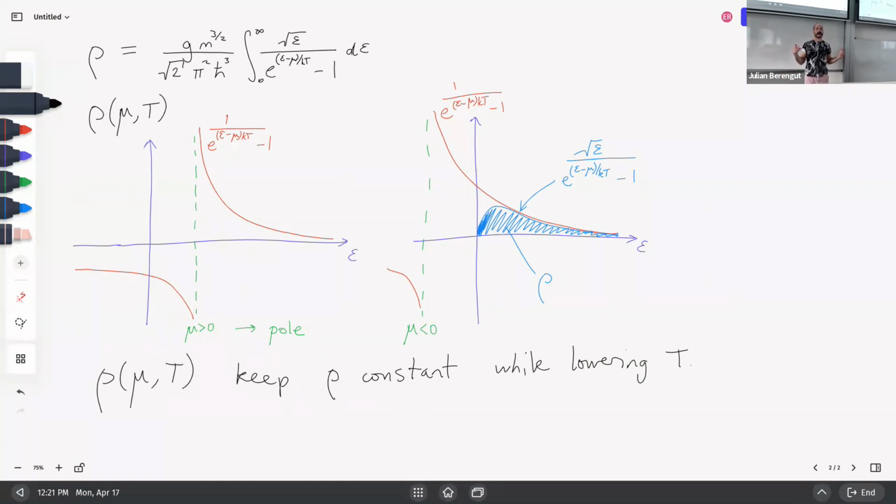So e to the beta times epsilon minus mu, over kT. If beta is larger, i.e. lower temperature, then this denominator is getting bigger faster. Agreed? So if we lower the temperature, we might be going down faster here.